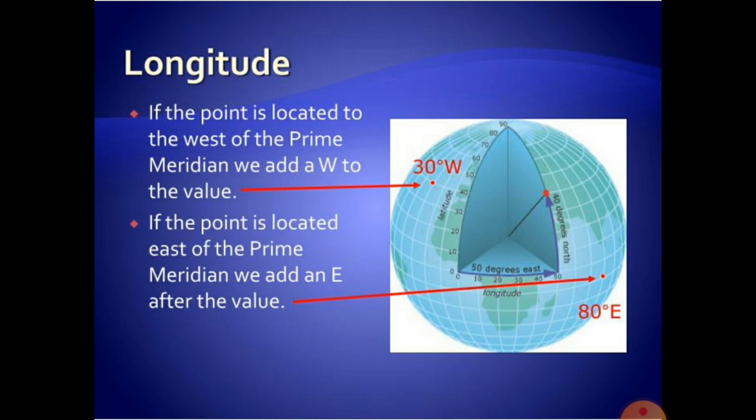Whereas if it is located in the east of the prime meridian, we write an E to indicate the value. We have seen in the earlier class, while showing the latitudes, we indicated them with N and S, referring to the north and south. Here we are using W and E, referring to the west and east side.